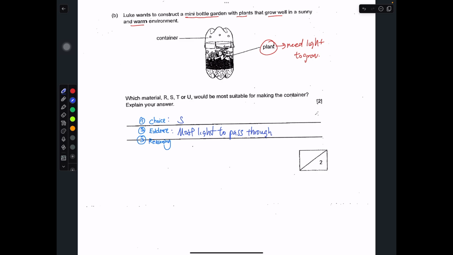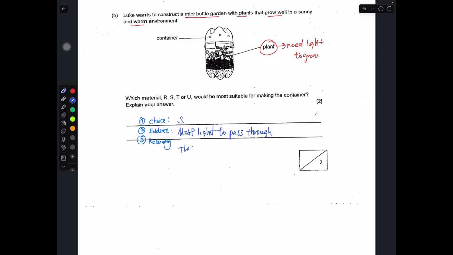Okay, so the reasoning: the plant can make the most food. Therefore the plant is able to do well. Okay, or maybe I would rewrite this part.